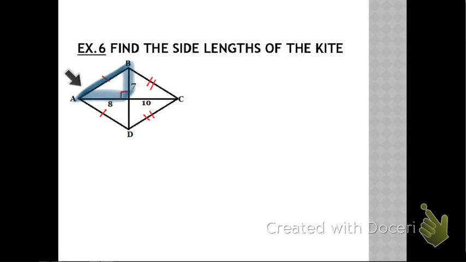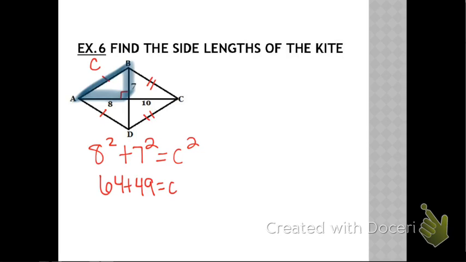I'm looking for the hypotenuse, which we usually call C. What am I going to use? Hopefully you're thinking, the Pythagorean theorem. So we know that if we label this C, 8 squared plus 7 squared would equal C squared. 64 plus 49 equals C squared. 113 equals C squared.